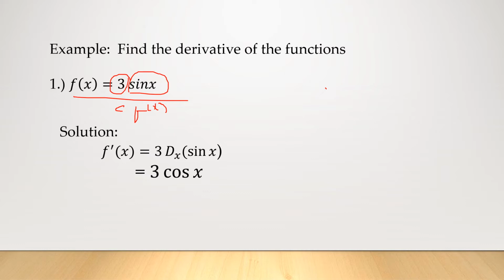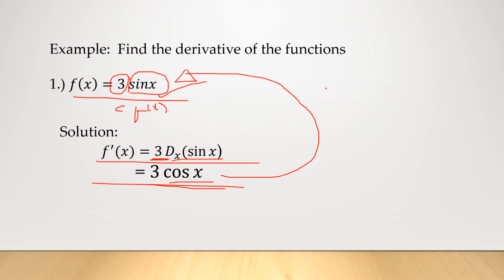To get the derivative of that, yung constant, hindi natin gagalawin, 3 pa rin siya. So, ang gagawin lang natin is, kukunin ang derivative ng sine x, which is cosine x. Then afterward, we'll just simply multiply. So 3 times cosine x, which is 3 cosine x. So yan ang ating derivative for this particular function.